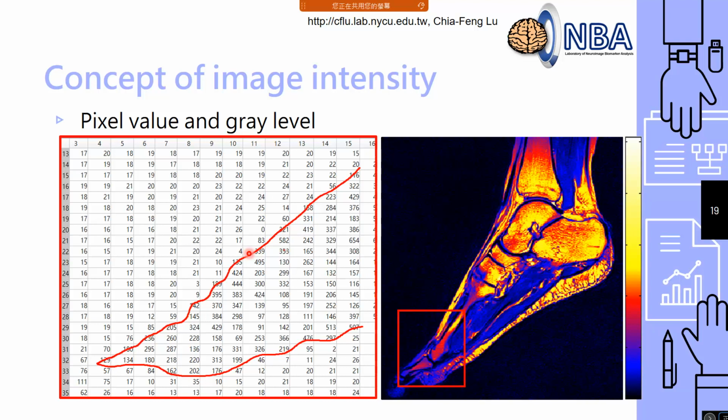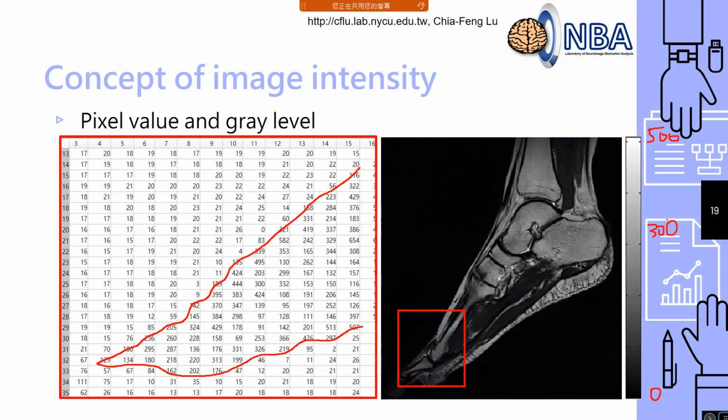If I change the color map to this one, now again, this is for 0. So let me put the number right here. For 0, it is right here. This may be, again, the 500. But now, again, I can put the 300 right here. For the previous example, you may see 300 may be this kind of gray, right?